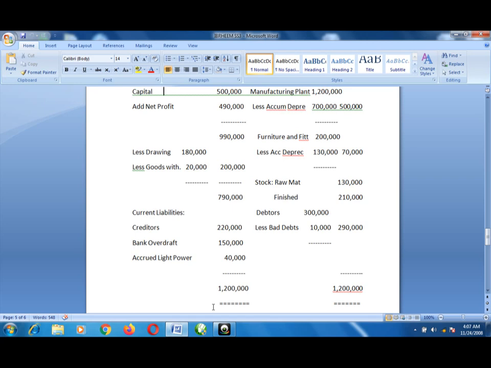You add them together, 1.2 million naira. If you want to confirm, take your own calculator and total both sides separately, and no adjustment. Your account will be balanced automatically without any adjustment.